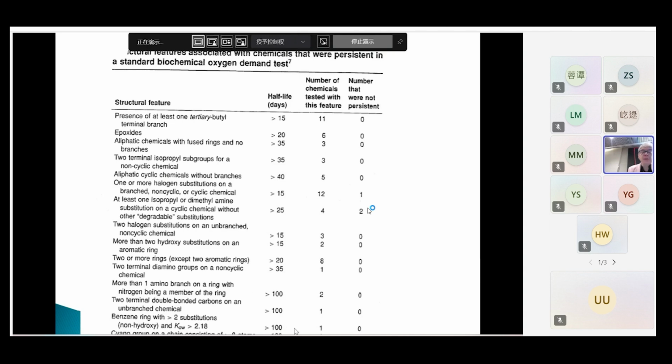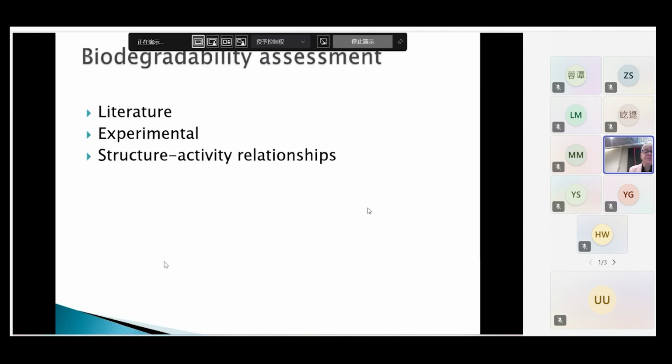These compounds on the bottom here are less biodegradable. So how do you find out? You can find out in the literature. You can do some experiments to see whether it's biodegradable or not. Depending on what kind of structure you have, these ones will also be biodegradable or not.